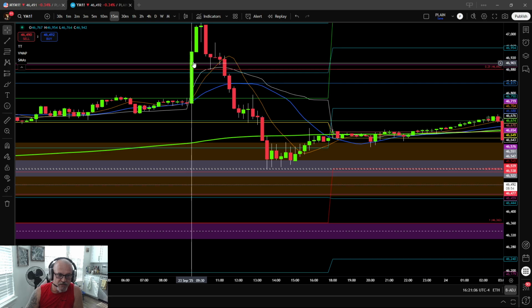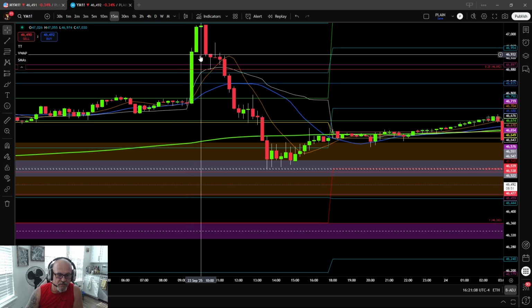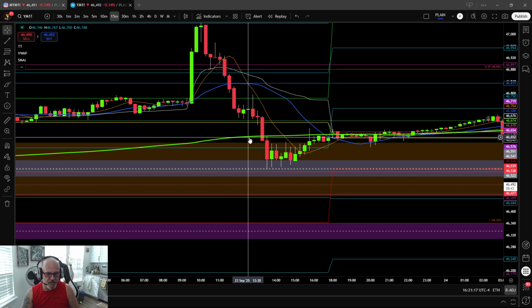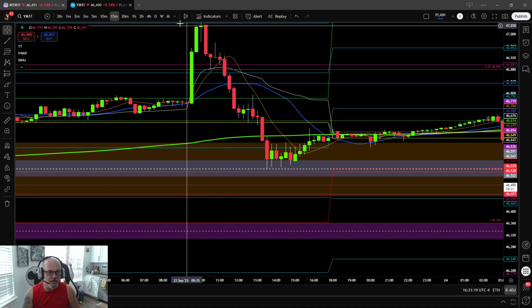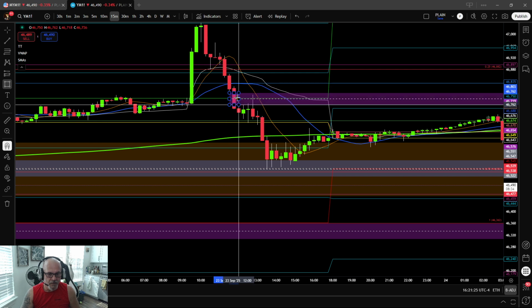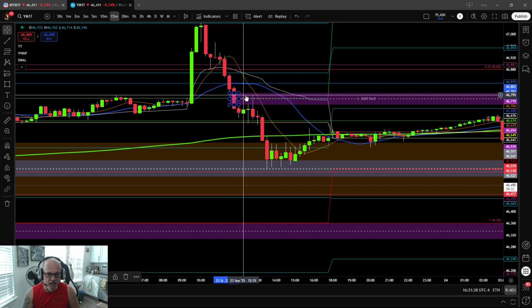You do have this 15-minute fair value gap to worry about. So you could have even waited till that fair value gap was inverted and then traded off of this fair value gap here because you went up, you did not break the high of the fair value gap.